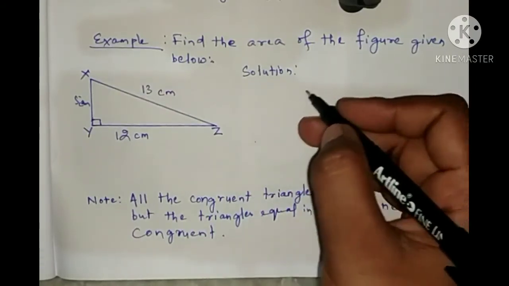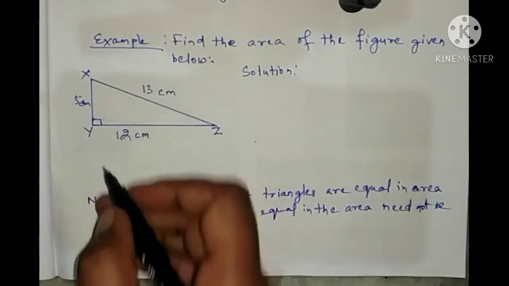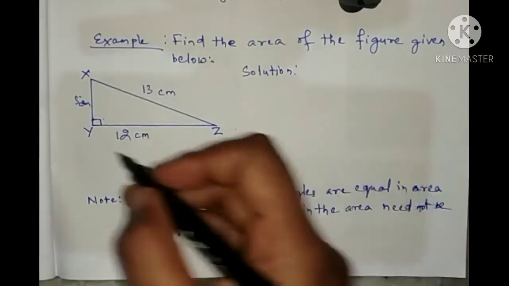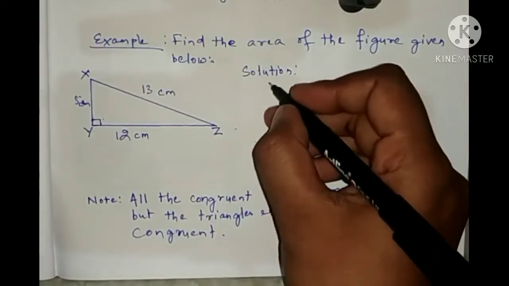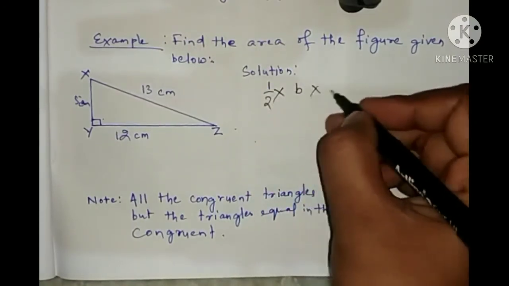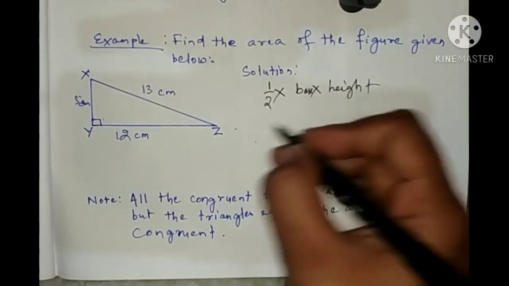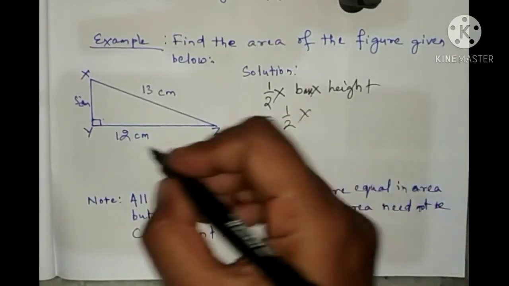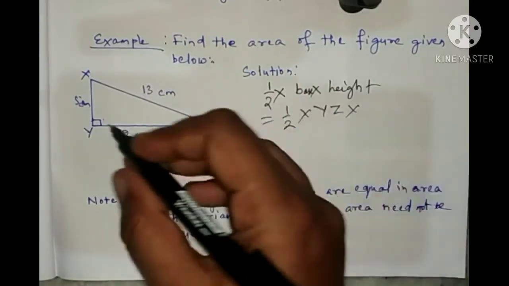So solution: this is 90 degrees, means XY is perpendicular to YZ. So this one is the height and this is the base. So half into base into height. Half into base, which is YZ, into height, which is XY.